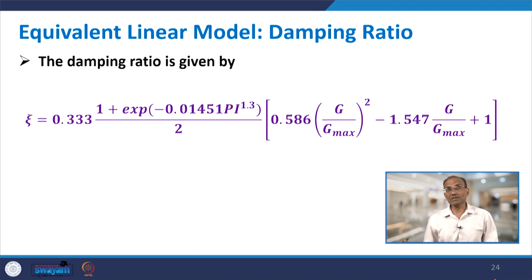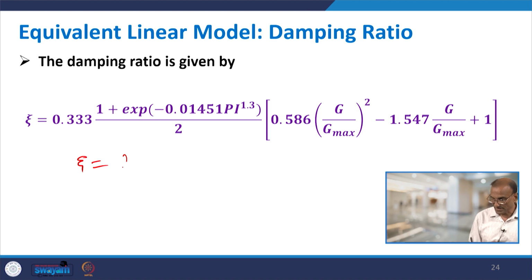Similar to the modulus reduction curve, G by G max, we also have an equation for damping ratio, and in this case, rather than the level of strain, the damping ratio is simply a function of G by G max and PI. Okay, so only two parameters are coming.